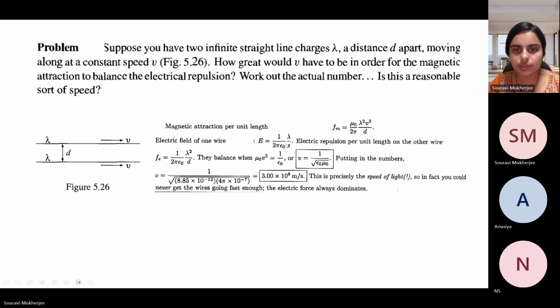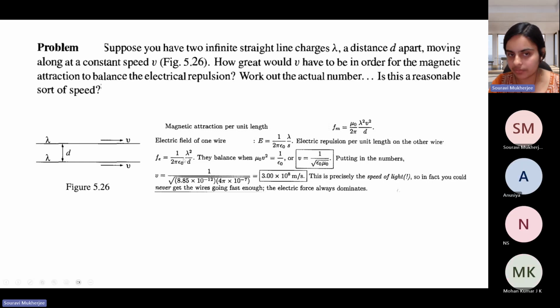Now, what is the force per unit length that this wire would experience because of the electric field produced by the other? We can just multiply by the charge per unit length, because electric force is given as Q into E. If you do that, this is your electric force. If they have to balance, you can see that the velocity has to be equal to the speed of light.